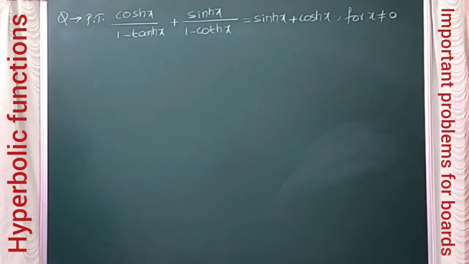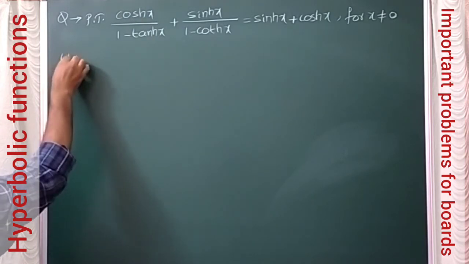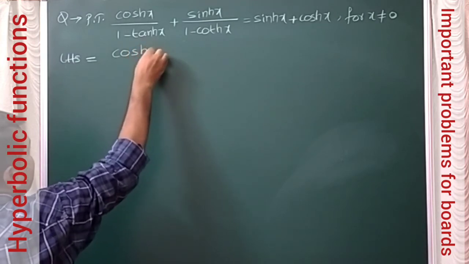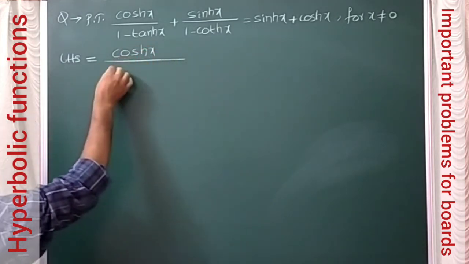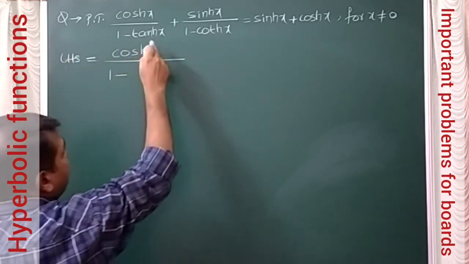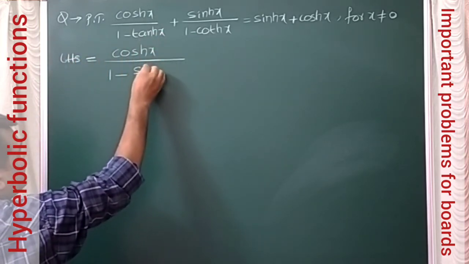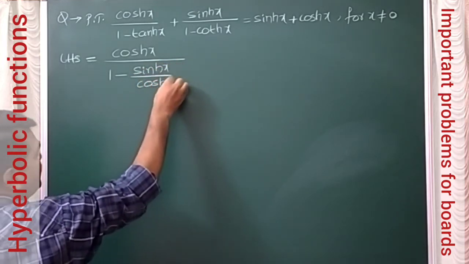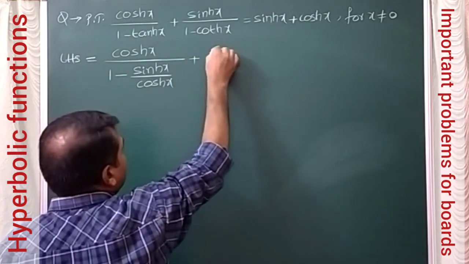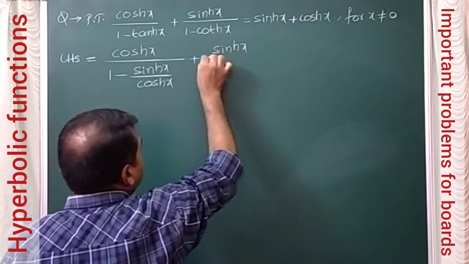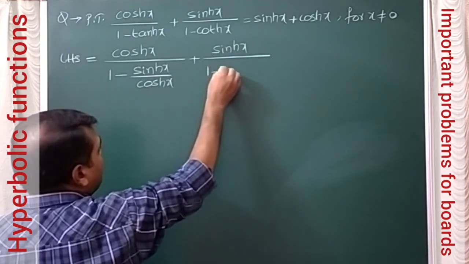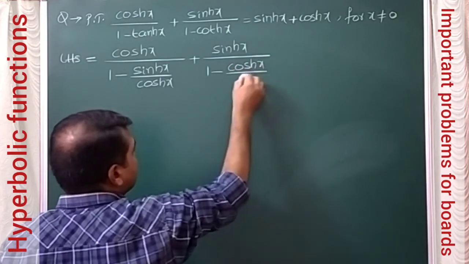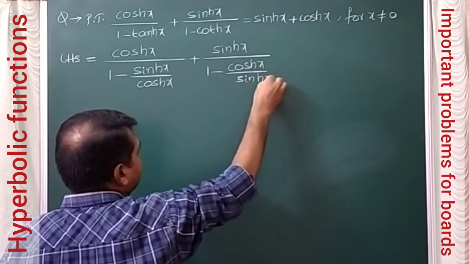Okay. Now take LHS first. Take LHS and try to write like this. Cos hx by, this denominator 1 minus tan hx I am writing as 1 minus sin hx by cos hx. Similarly in the next term, sin hx by denominator 1 minus cot hx, I am writing as 1 minus cos hx by sin hx.